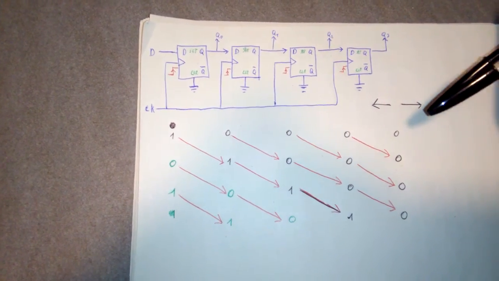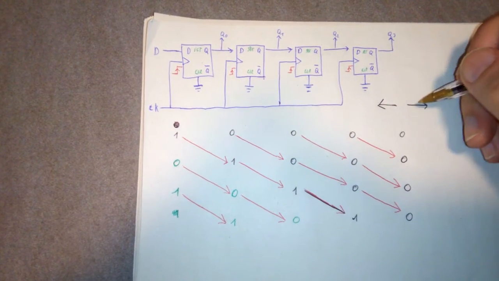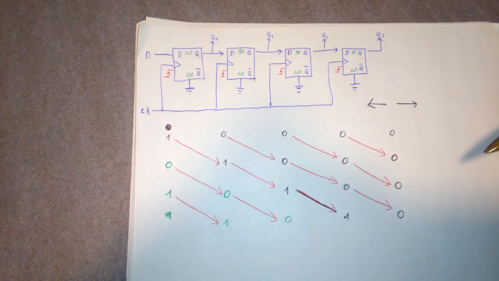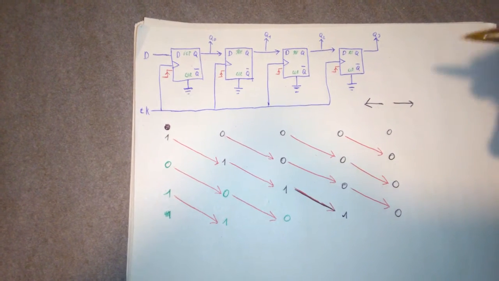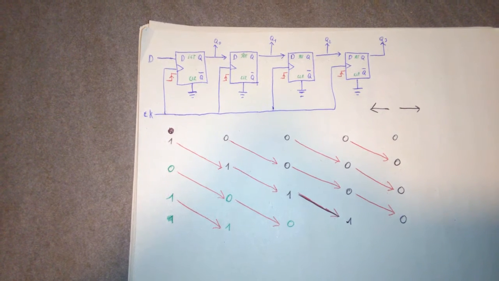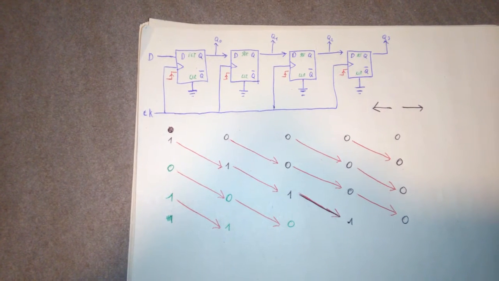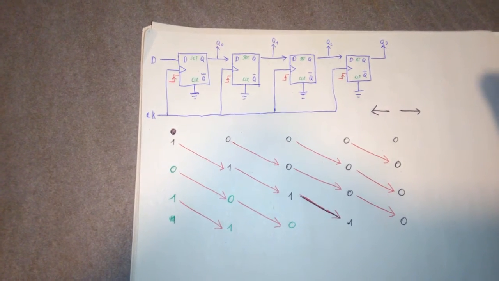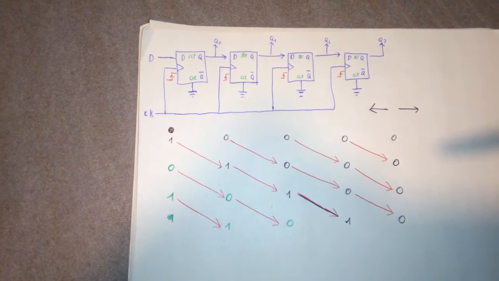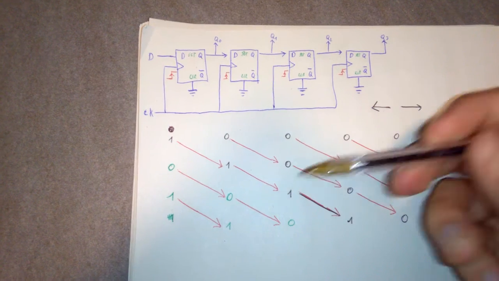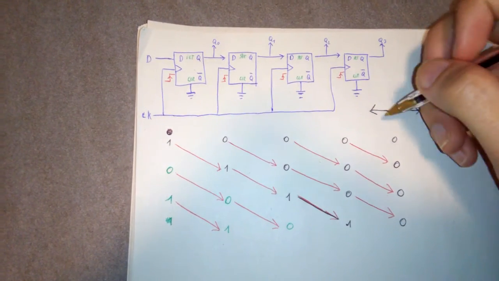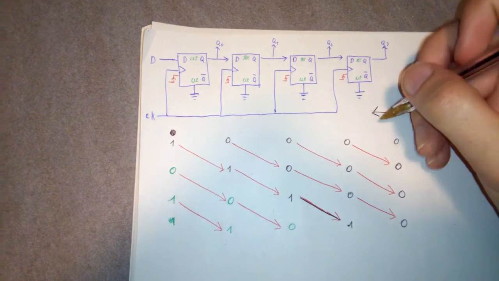So what happens when you shift to the right? Well, if you shift to the right, then you're doing a very important operation in Boolean algebra. You are dividing a number. So you can shift to the right to divide a number, and you can shift to the left to multiply a number.